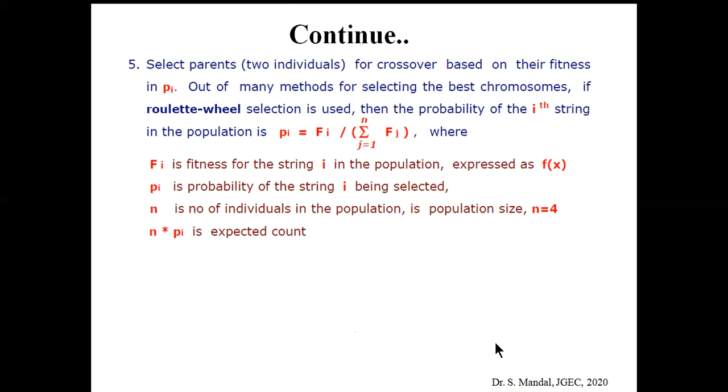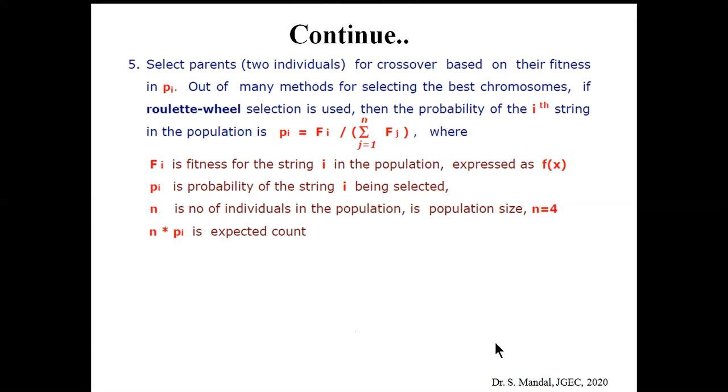to select parents. So for this purpose, we need to use the roulette wheel selection process, where there is a probability of selecting a particular solution. So the probability for a particular ith solution is fi divided by the summation of fj, j equal to 1 up to n.